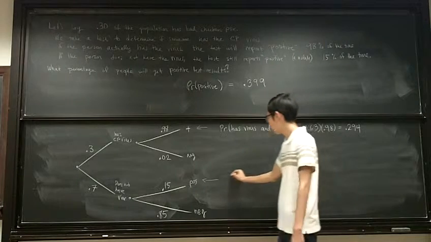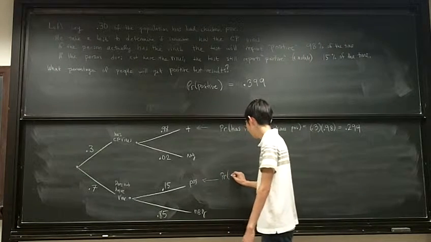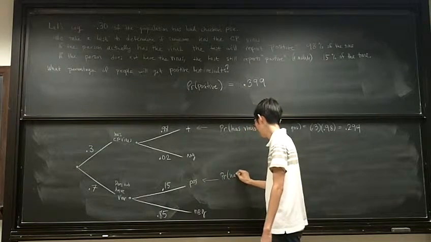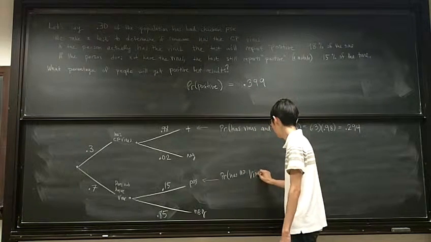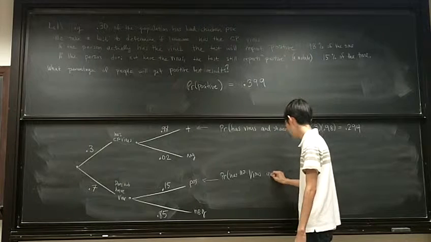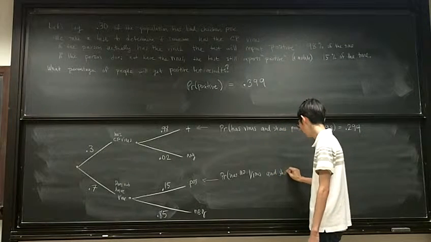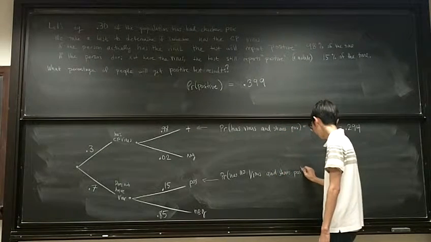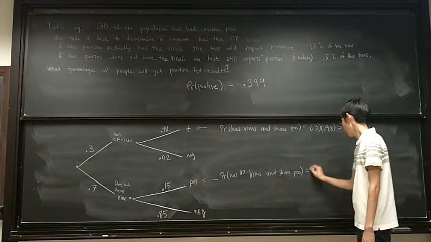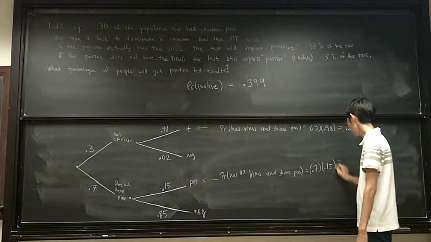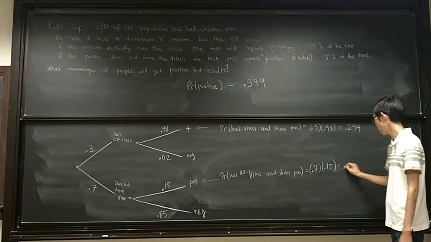Alright, so then what's this? This is the probability that someone has no chickenpox virus and still shows positive. So this is 0.7 times 0.15. So this is 0.105.